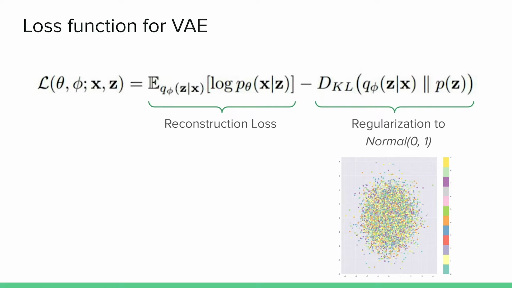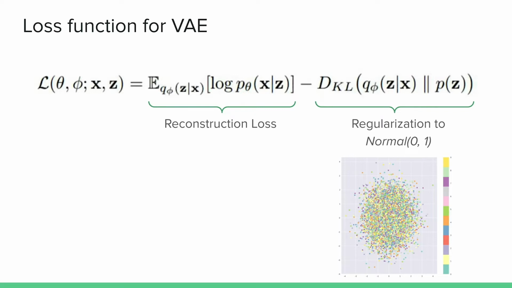On the right-hand side is a second term, which we'll discuss in a minute, a regularization term that helps us make sure that our probability distribution in our latent space has a certain shape. More precisely, it should be a normal distribution with center 0 and variation 1.